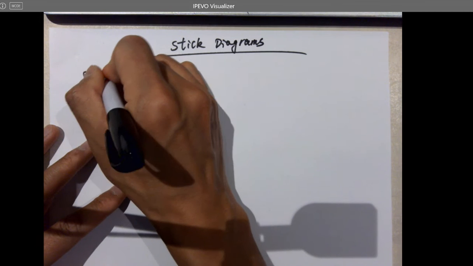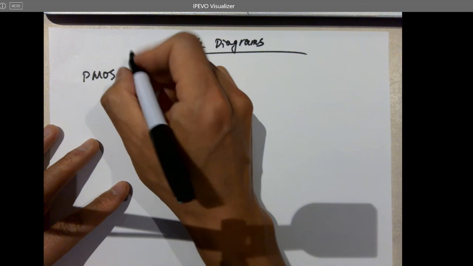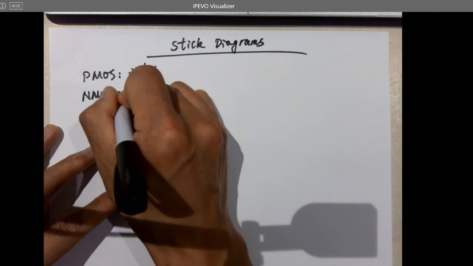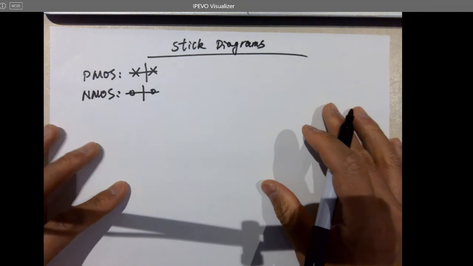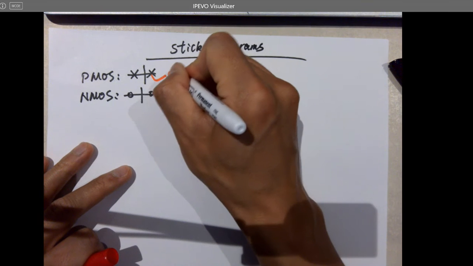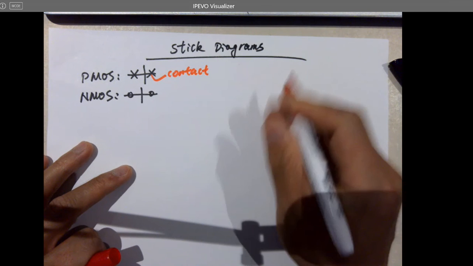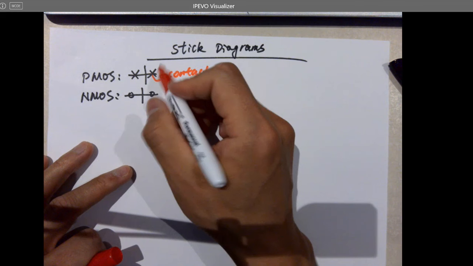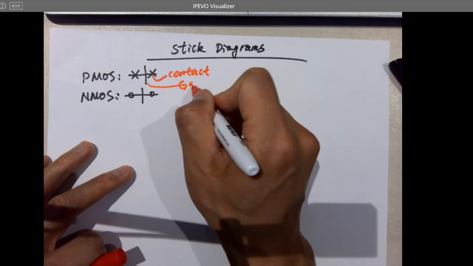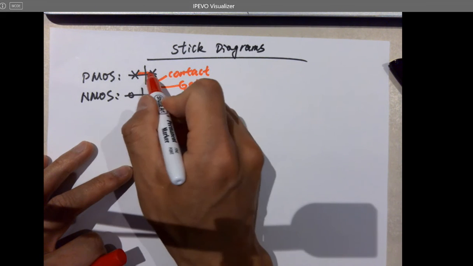And we use this symbol for PMOS and this as NMOS. So these are the contact from the diffusion to the metal layer, and that's the gate, and that's the channel.